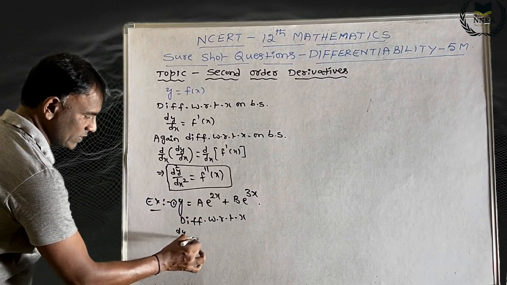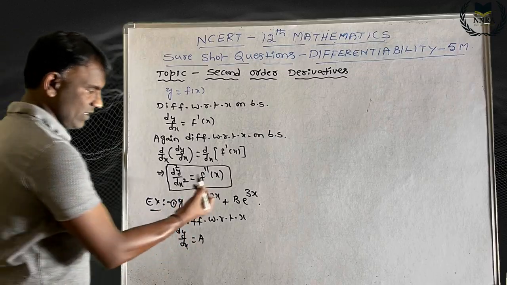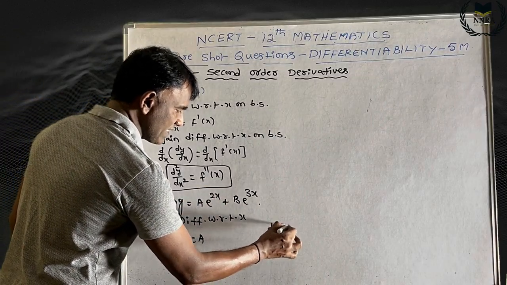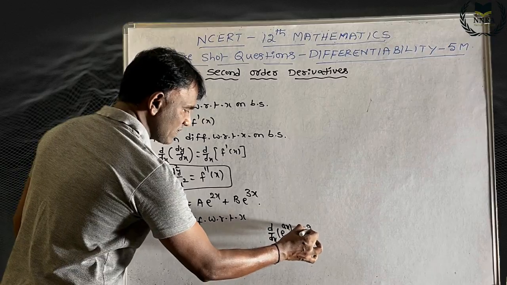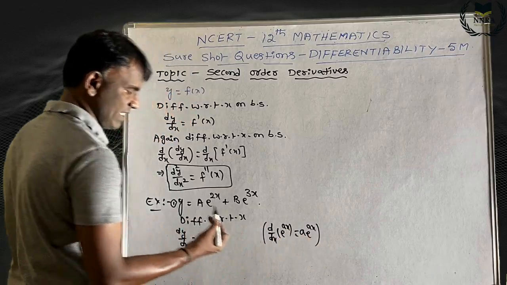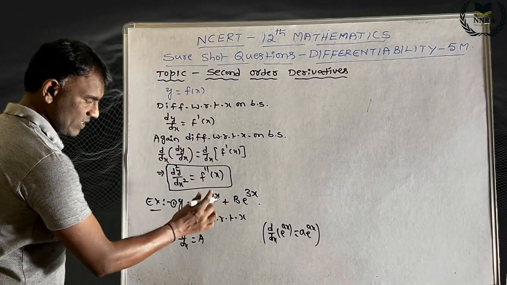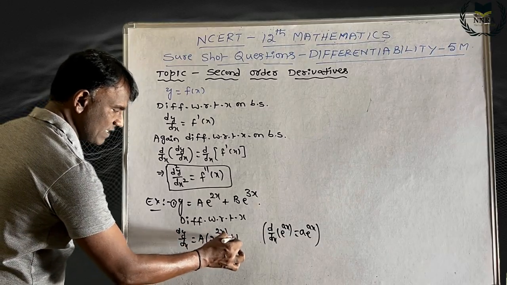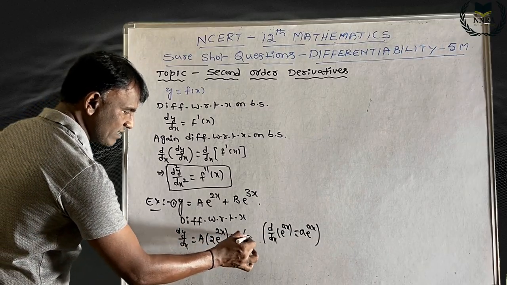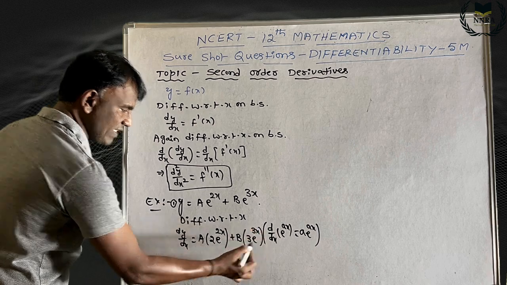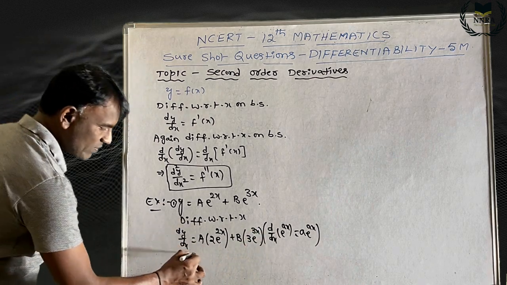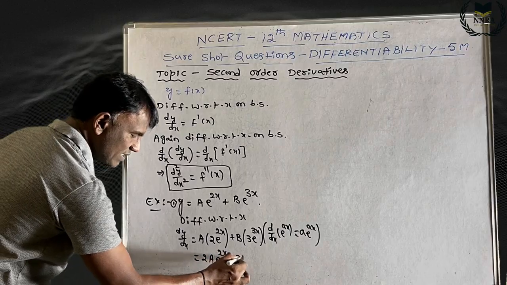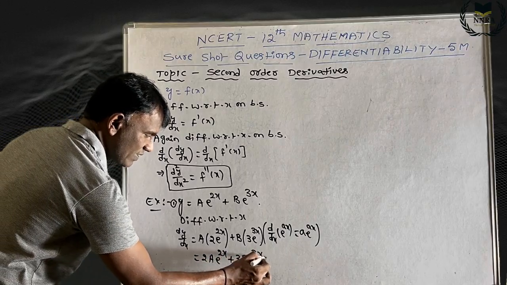This is the form of d by dx of e power ax, whose value is a into e power ax. Here a is equal to 2, so 2 into e power 2x, and the second one is 3 into e power 3x. So this can be written as 2a e power 2x plus 3b e power 3x.